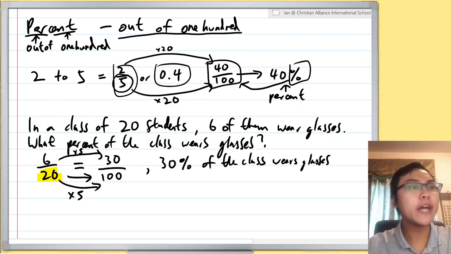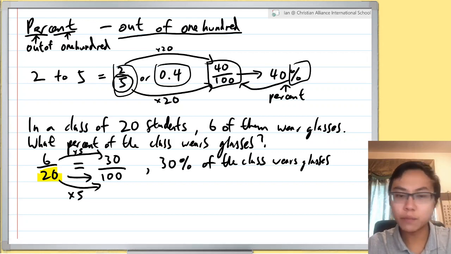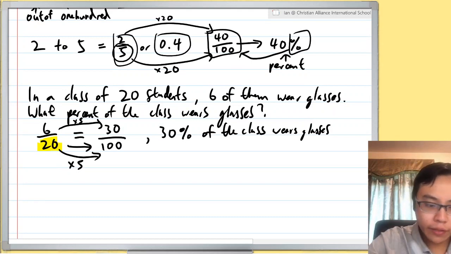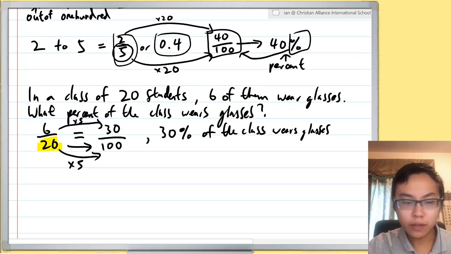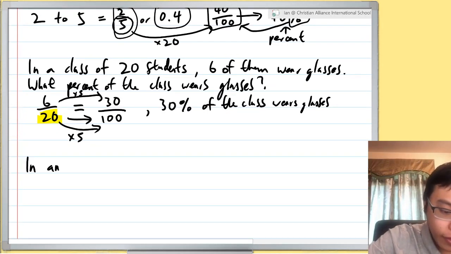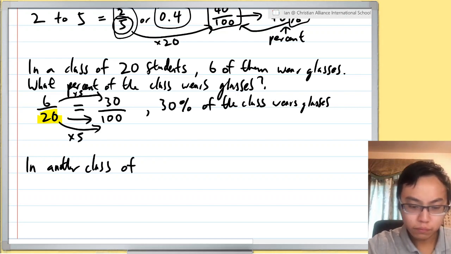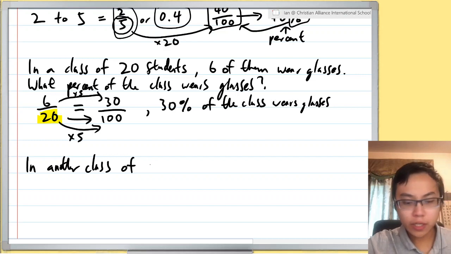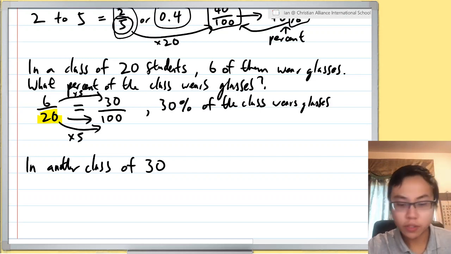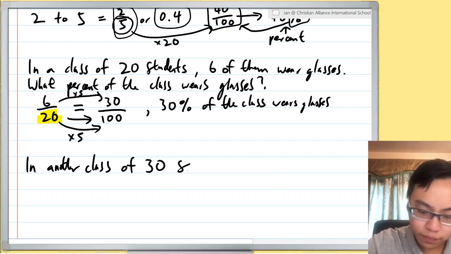Now, what if it's not a nice number? What if it's not a super nice number that is easy for us to multiply? Let's say, in a different class this time, another class of 30 students. 30 is not so easy for us to turn into 100.